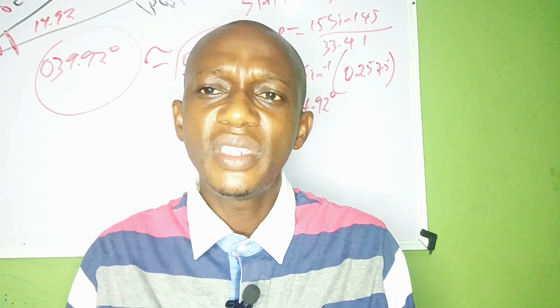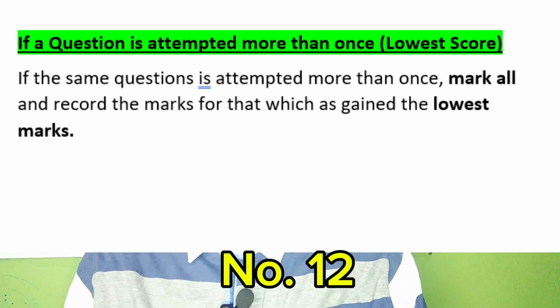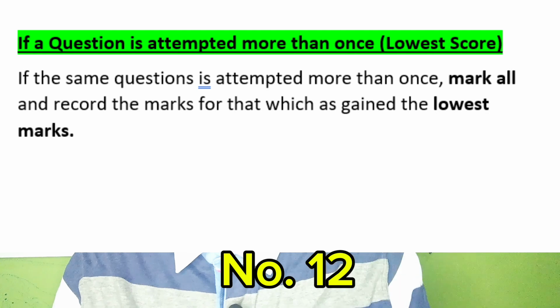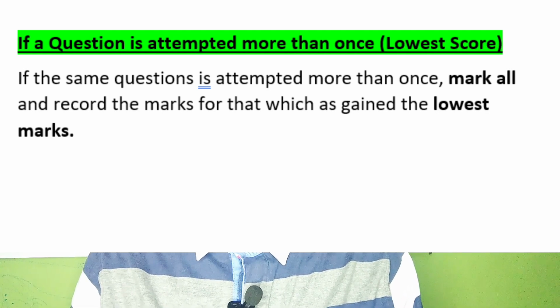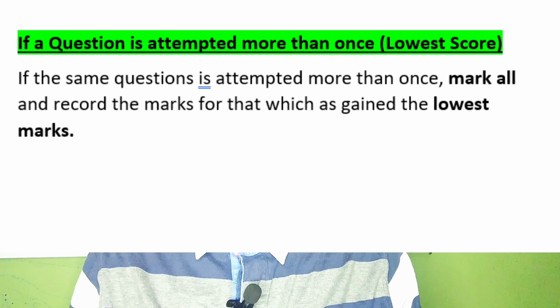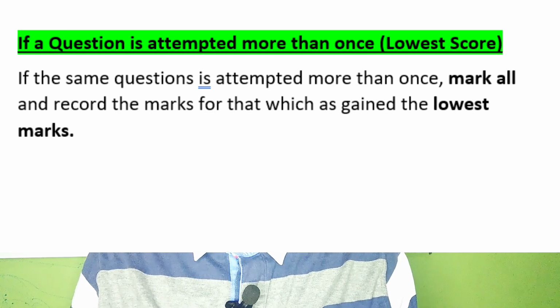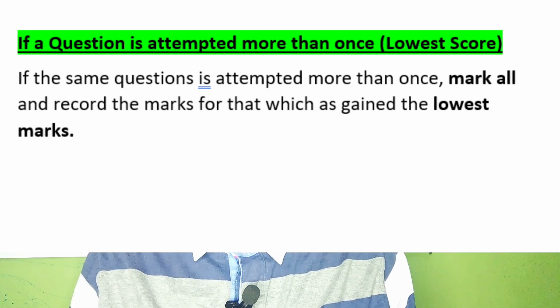But mind you, this last one is very, very important because it's very tricky and it's dangerous. The last point, which is the 12th point: if a question is attempted more than once, we go for the lowest score. If the same question is attempted more than once, mark all and record the marks for the one which has gained the lowest mark.